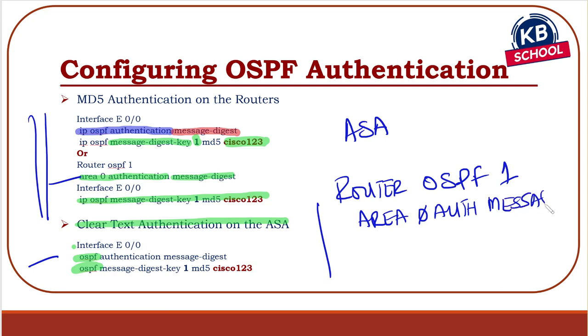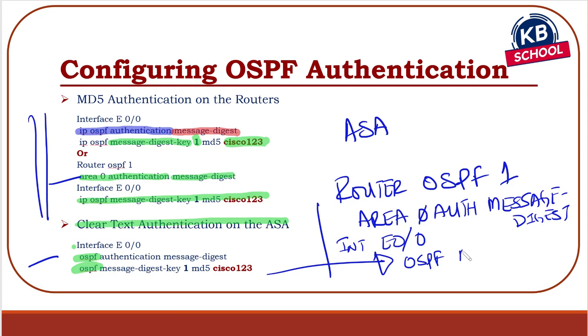So I set up the authentication globally under the routing process, and then under the interface, I would only need to do what? The key command, which would be OSPF message-digest-key 1 MD5, whatever.